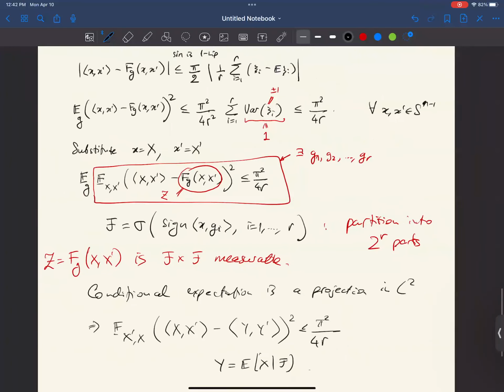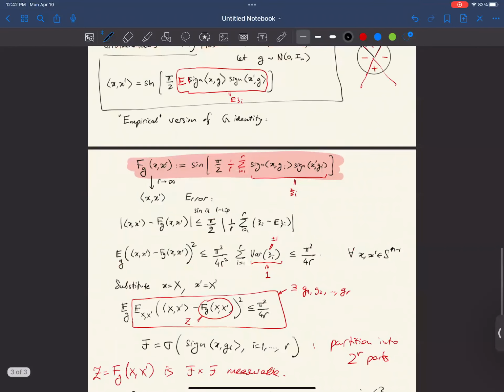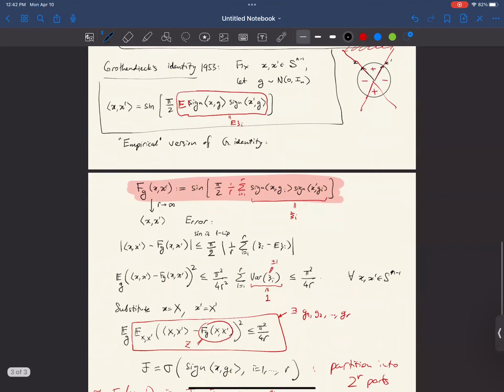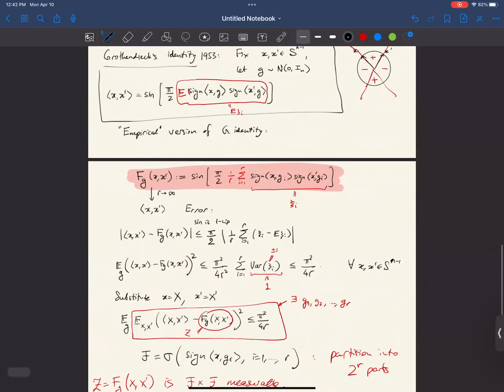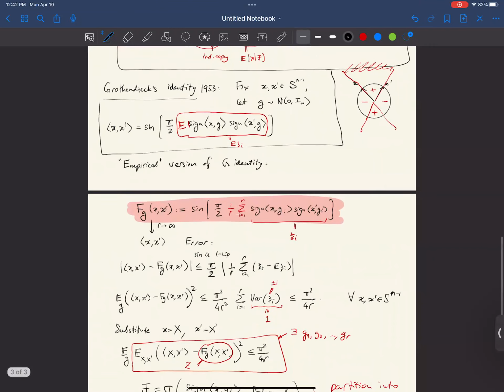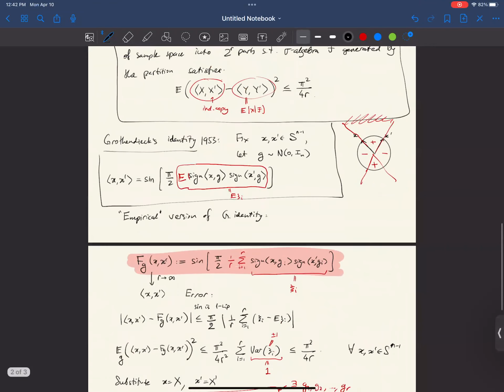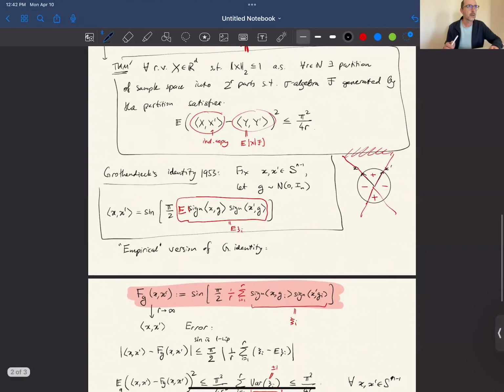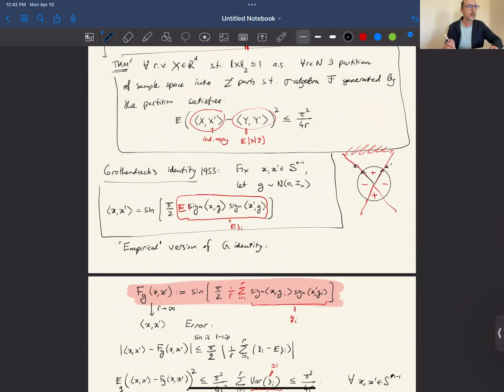Go ahead, Sasha. Can one use the same type of tricks to prove the original Frieze-Kannan? I haven't thought about it. That's a good question. I don't know.